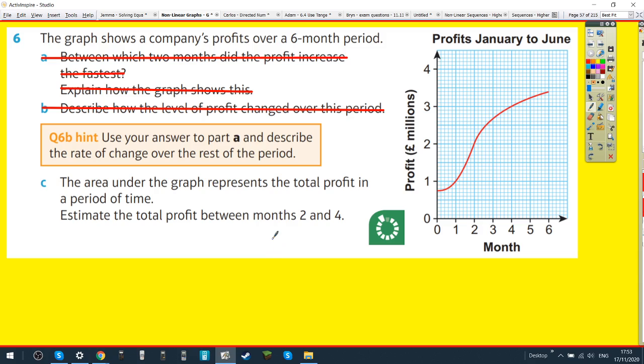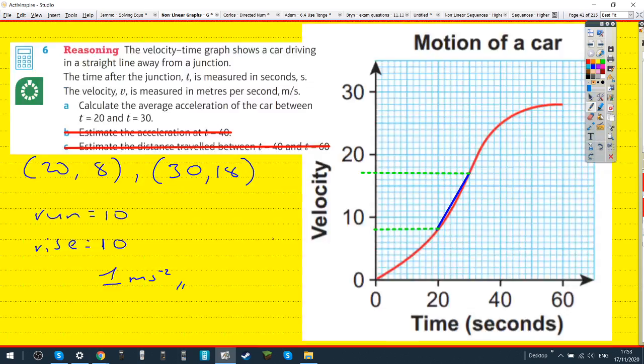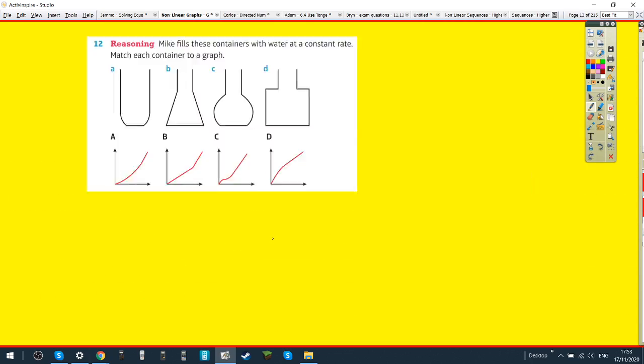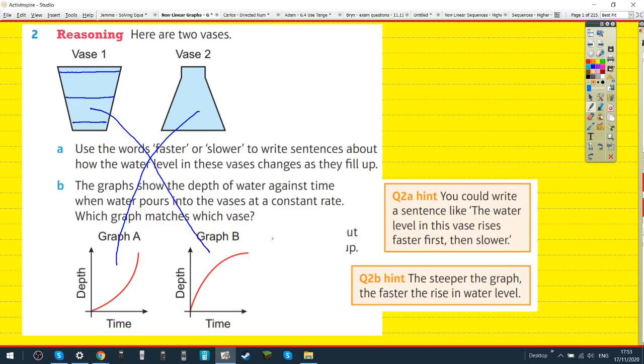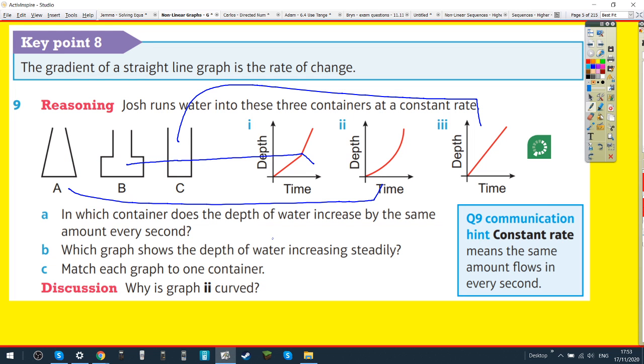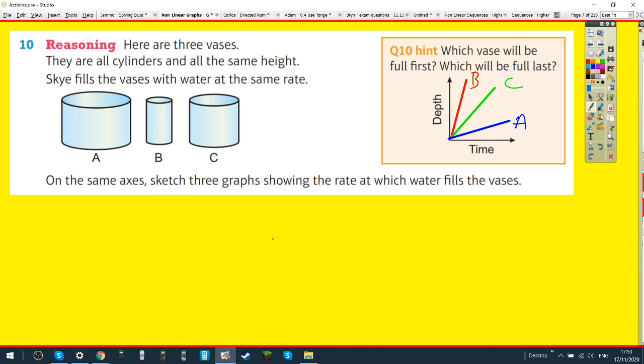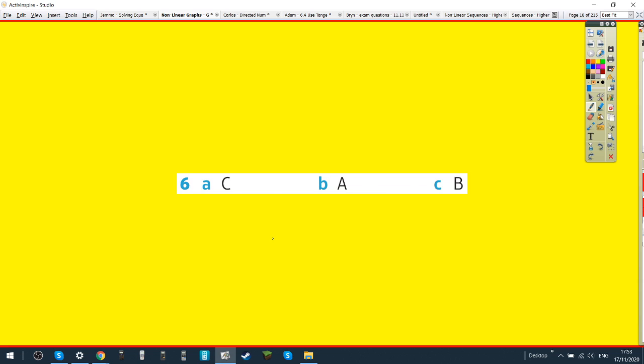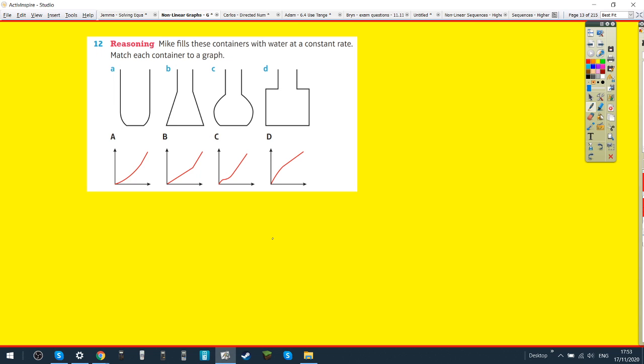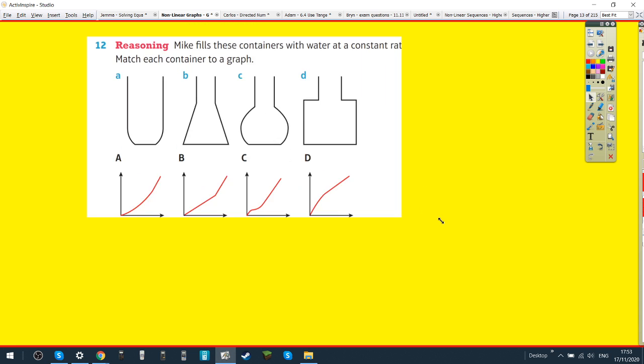Let's see. I just want to do a quick test of your best. Grand. So can you match up any of these?